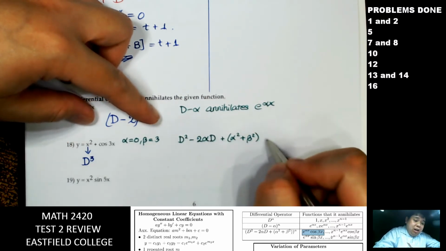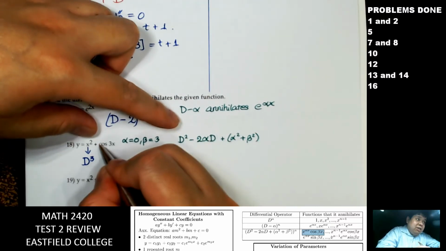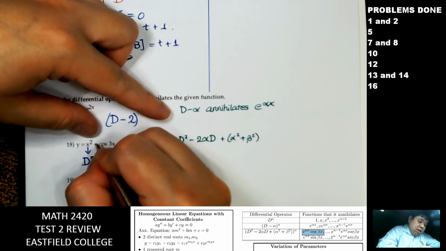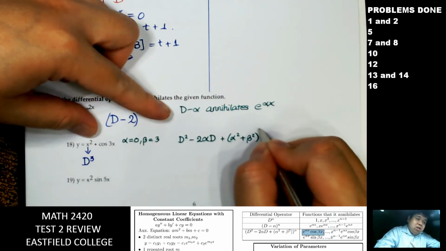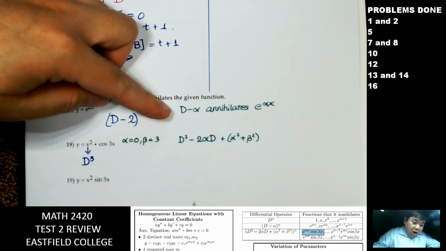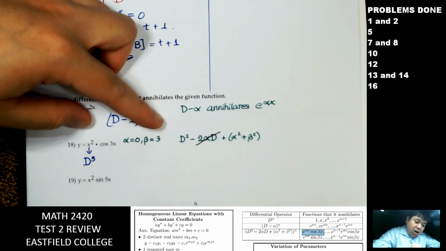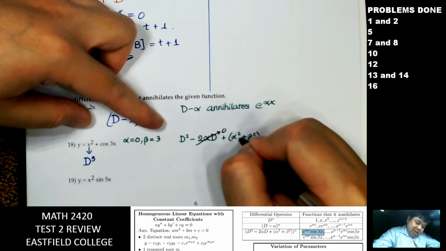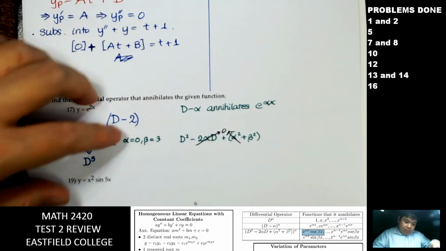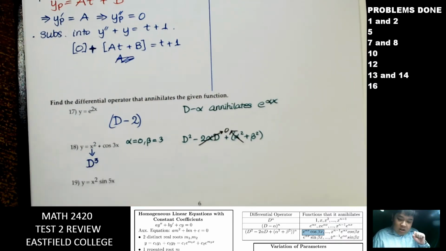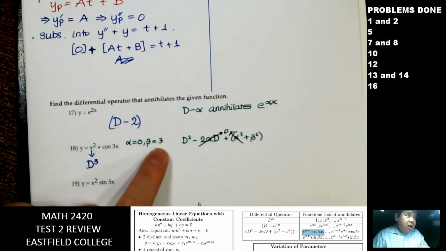We do not have any power because we do not have any x in front of it. If there's an x in front of it, we need to have this to the second power. Anyway, alpha is 0, so that is gone, and that is gone as well. So just d squared plus beta squared, which is 3 squared, 9.